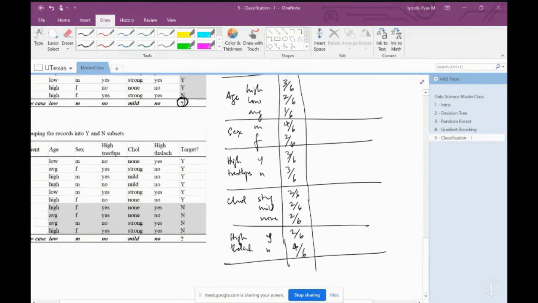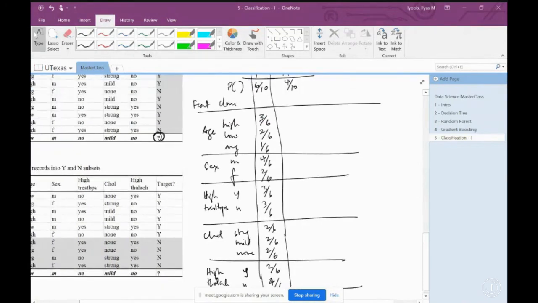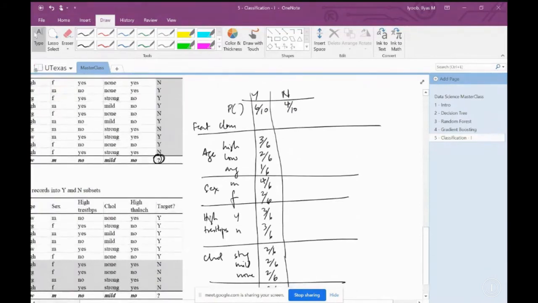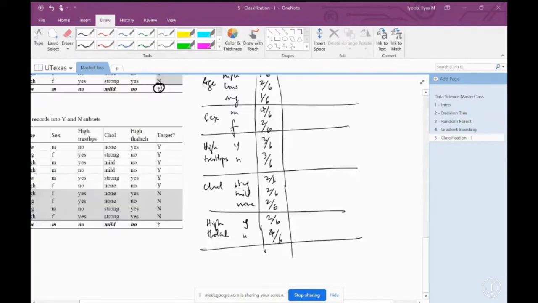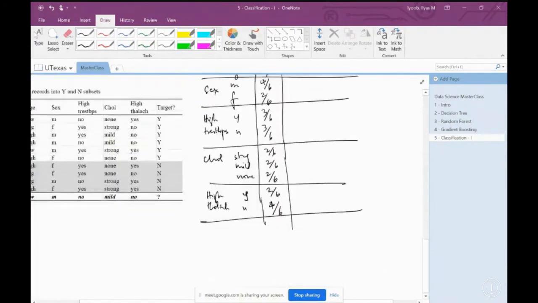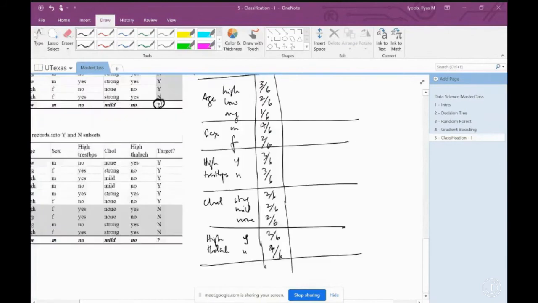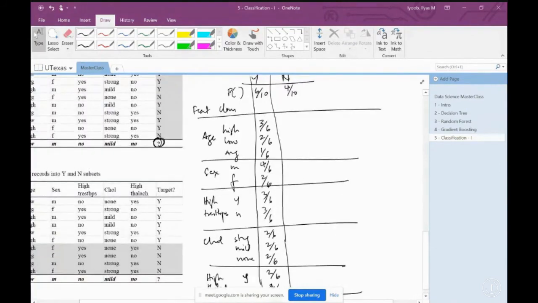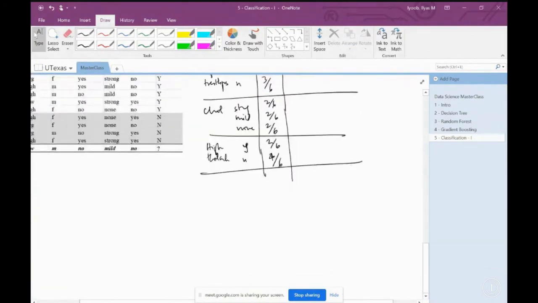Okay. All right. So we've got all of these probabilities, and then we could do the same thing for the nos. I'm not gonna do that here. So what do we do with these probabilities now?